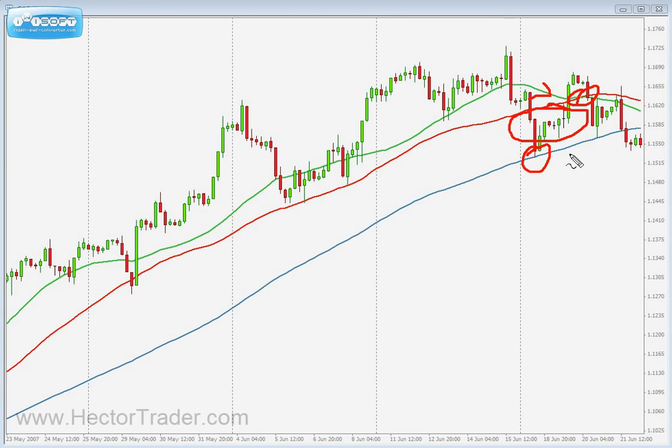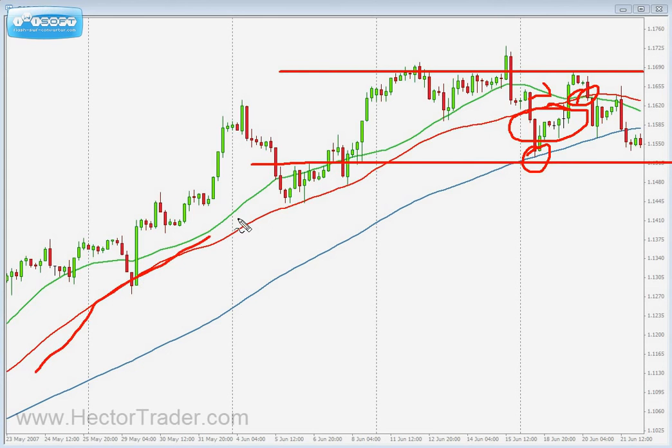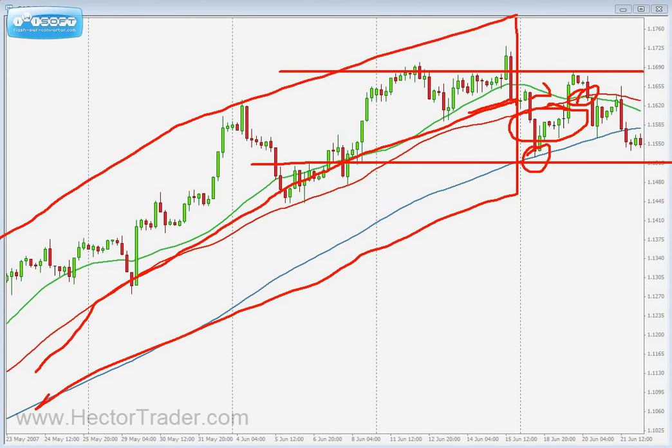There are a number of conditions now that have been broken, and therefore I personally would not be considering any long entry any longer. Like I said, we are consolidating sideways, and I don't trade within ranges. I only trade within trends, such as this earlier part of the chart.